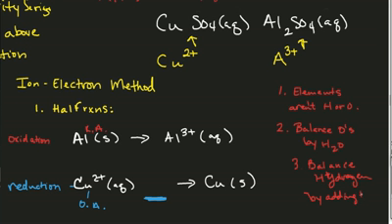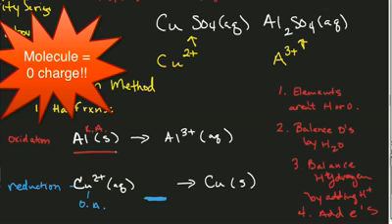Then you get to the electrons, okay, for the charge. Now in this case, you'll see that there is no oxygens, there is no hydrogens, right? So we go straight to the electrons. When we go straight to the electrons, what's the charge on the left side here? 0, right?